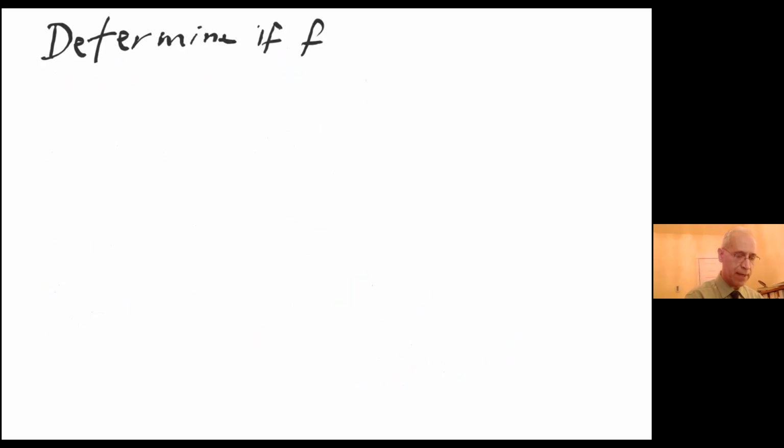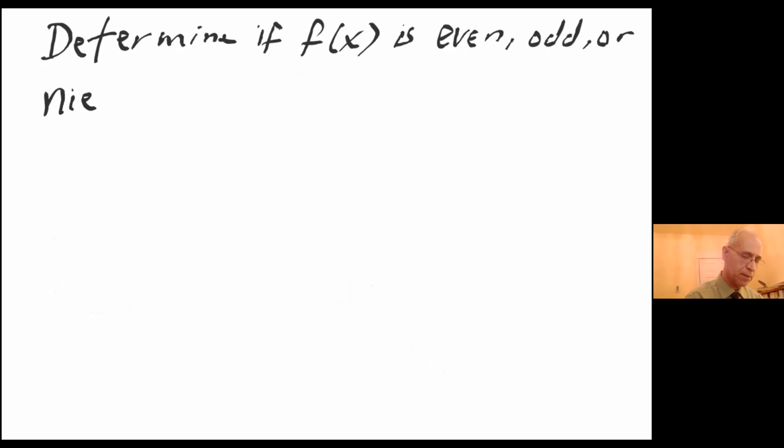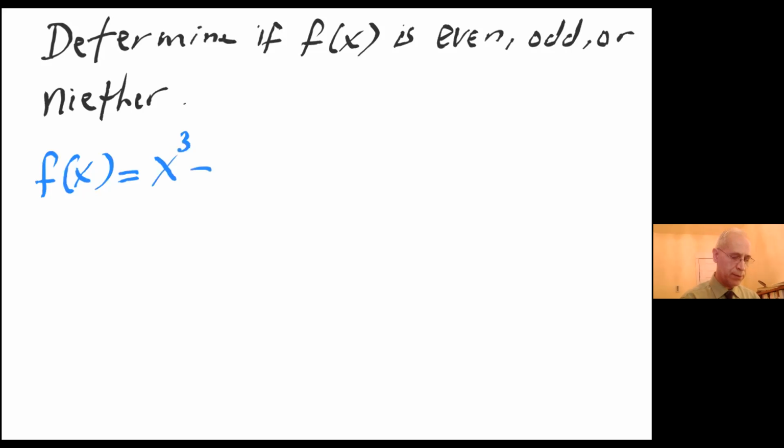Now let's bring both even and odd together and ask the question this way. Determine if f of x is even, odd, or neither. So suppose I have f of x equals x cubed plus 3x plus 1.